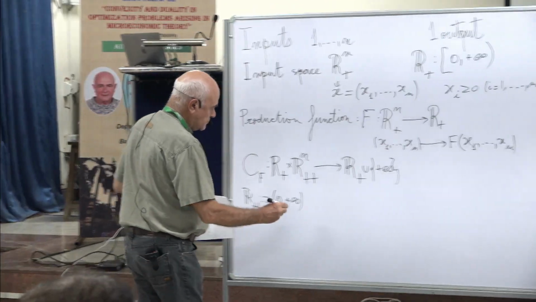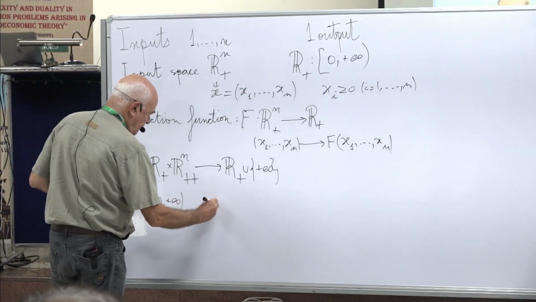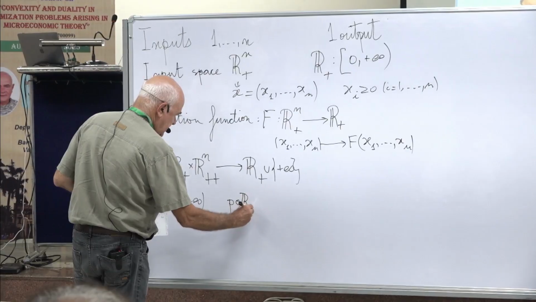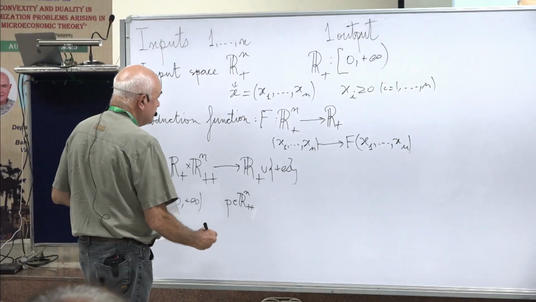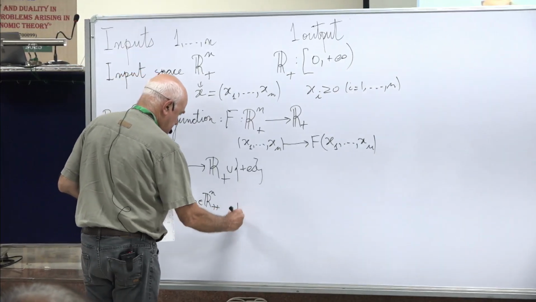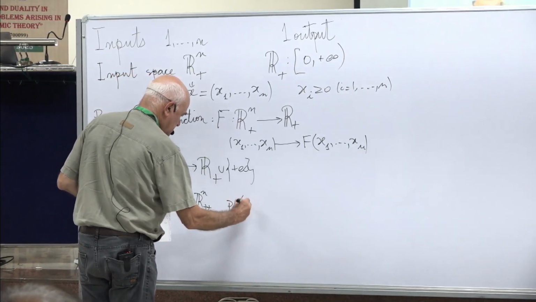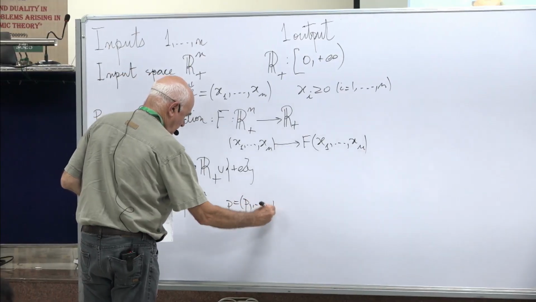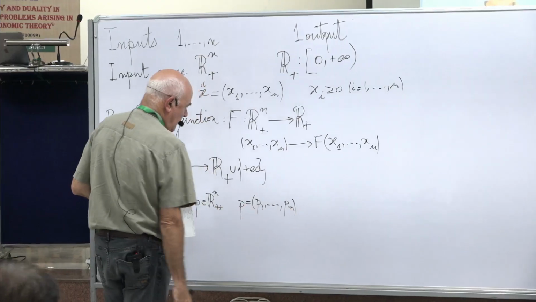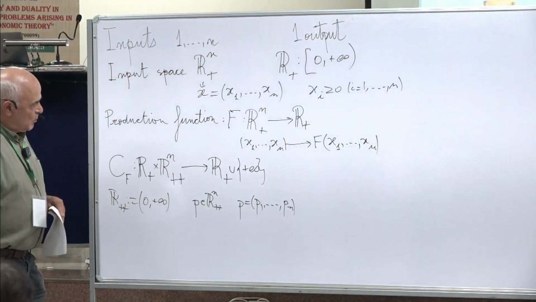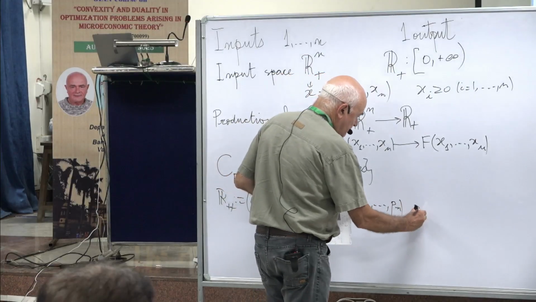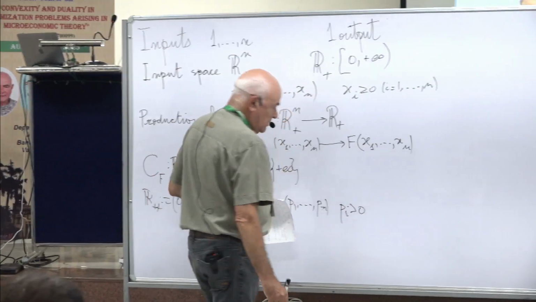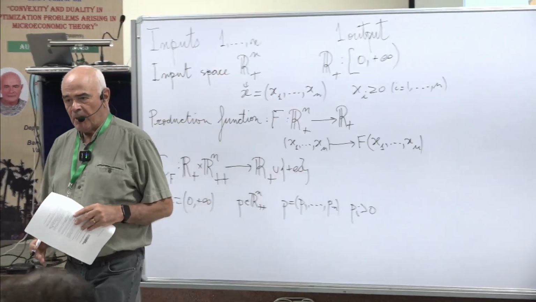So, an element in R plus n is a vector P1, ..., Pn of strictly positive numbers, which we will interpret as prices.